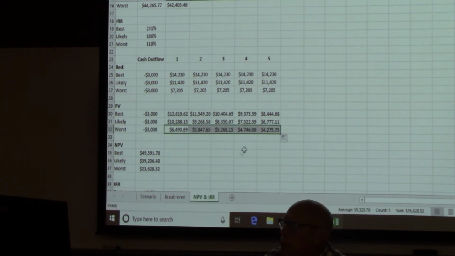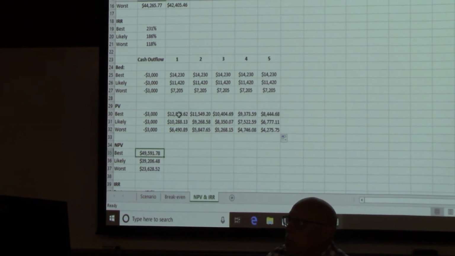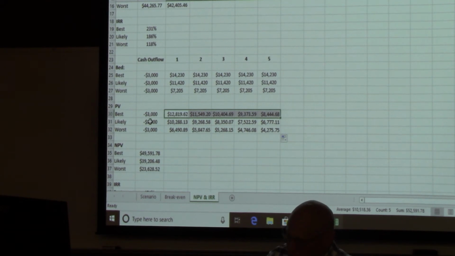Scroll over. All right, so our net present value is equal to the sum of the present values of our cash inflows minus our outflow.